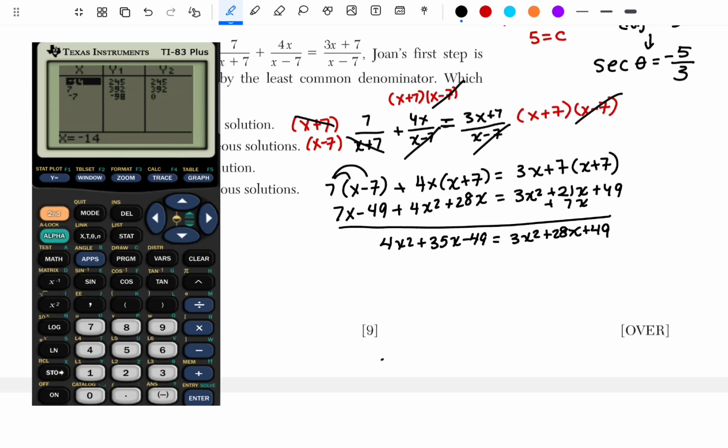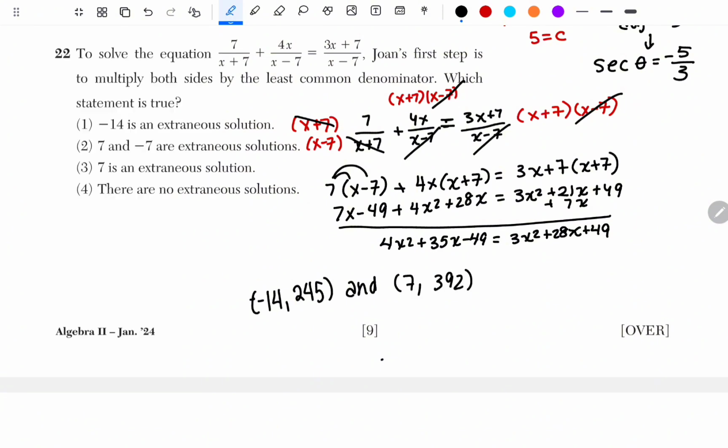So you write in -14, 7, and -7. And we look and see, well, where are they the same? Well, at -14, they both have the value of 245. And at 7, 392. But at point -7, there is no solution.